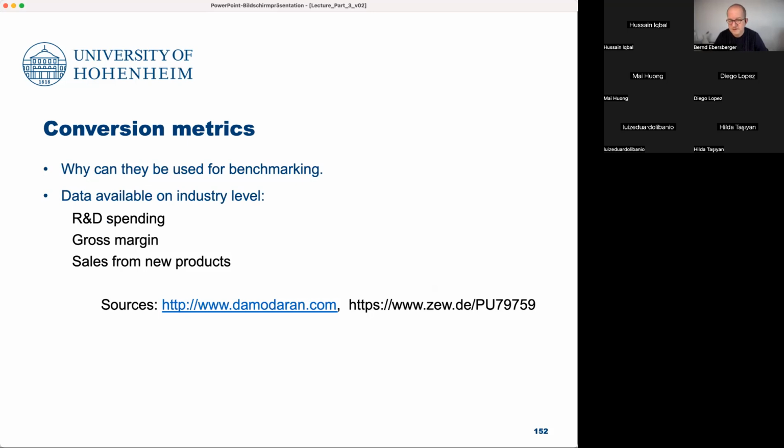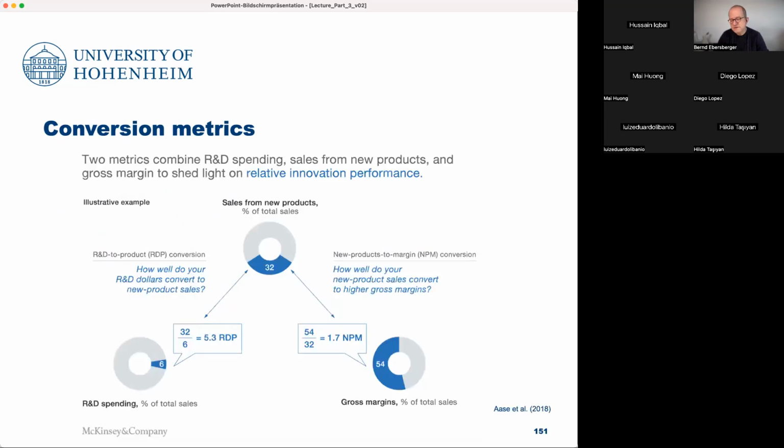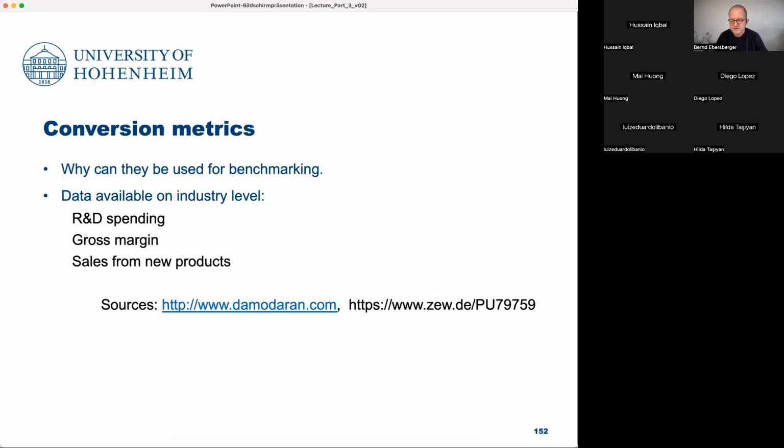They have reports there. Some of these measures can also be found in annual reports of companies. So these measures are more or less easily available as compared to the internal measures.